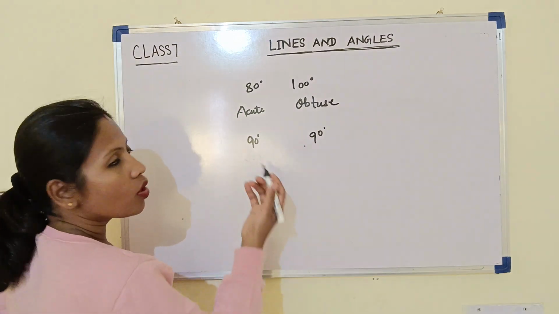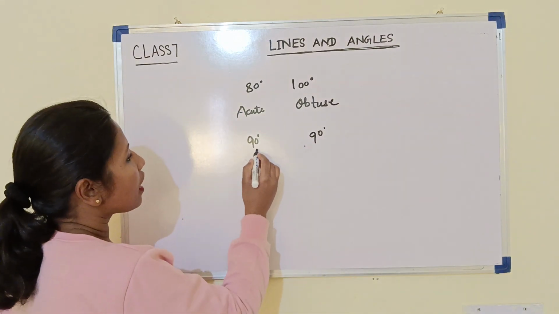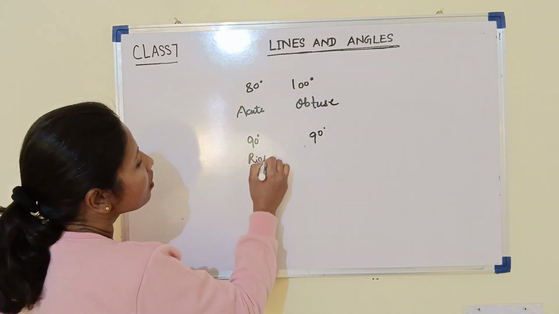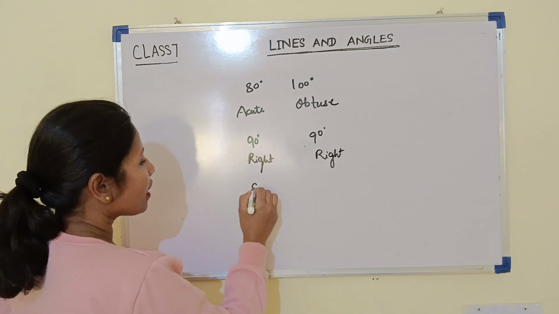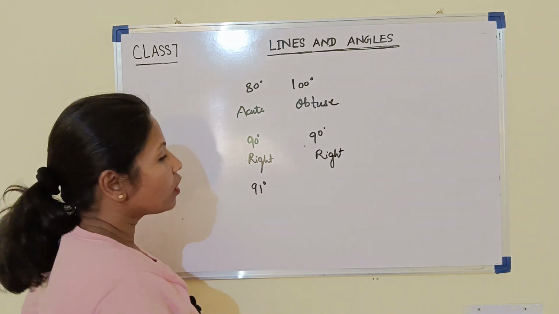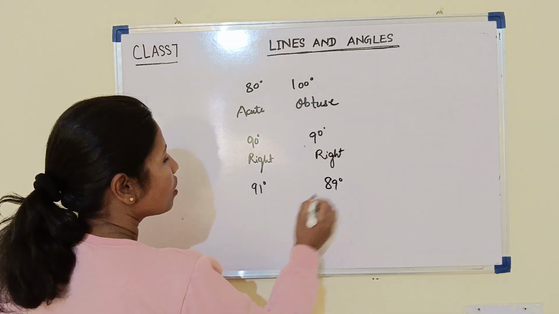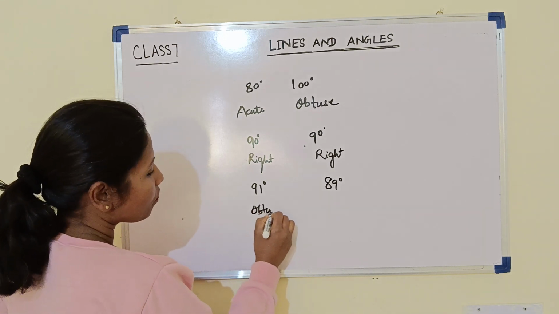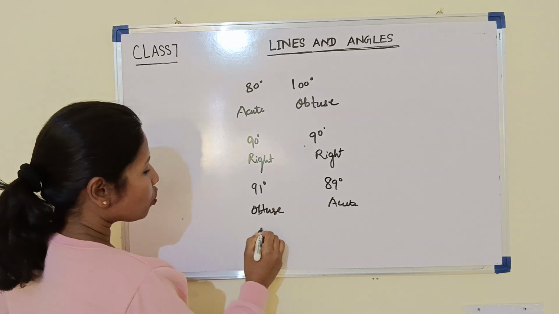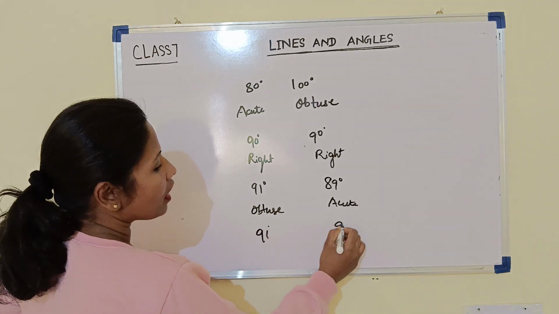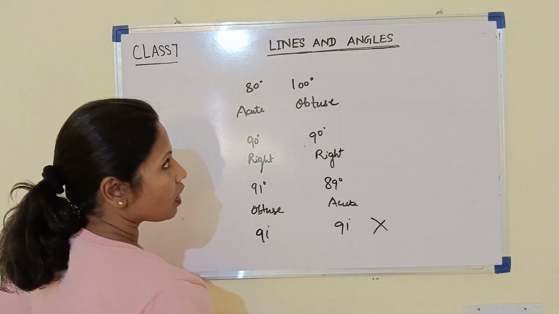Suppose I take two right angles. So this is a right angle and this is a right angle. Suppose I take 91 degree. So other would be how much? 89 degree. So this is obtuse angle and this is acute angle. So if I take two obtuse angles like 91 degree and 91 degree, this is not possible. Why?